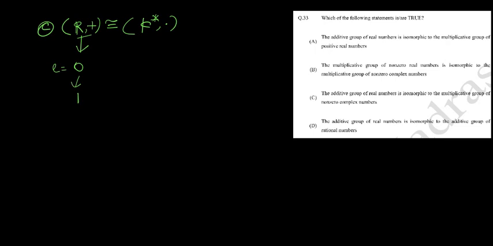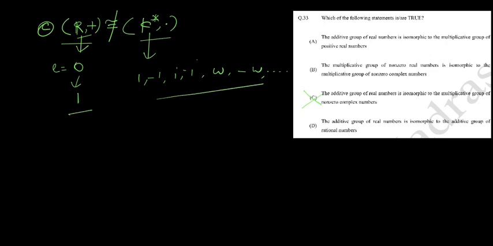Other elements are of infinite order. In C star under dot, there are infinitely many finite order elements: 1, -1, iota, minus iota, omega, minus omega. So option C is incorrect, because these two groups are not isomorphic. So option C is incorrect, B incorrect, only option A is correct.